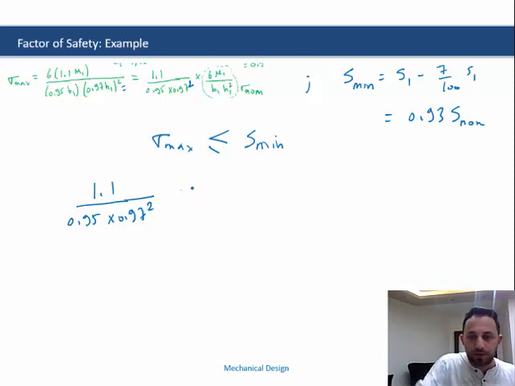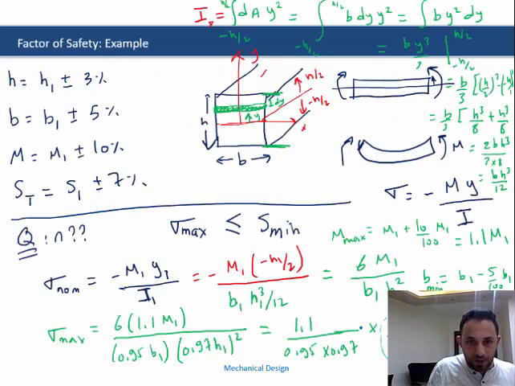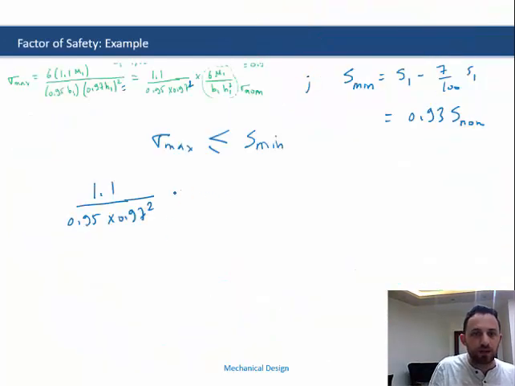Okay. So let me correct this. Yes. 6m1 or sigma nominal, 0.93 as nominal.